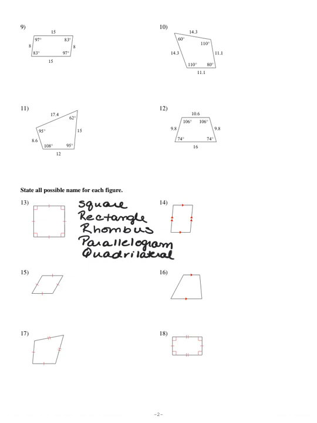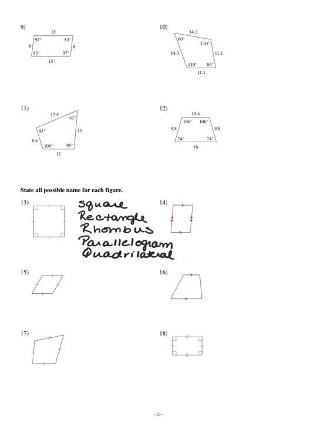Think about that org chart that I posted in Monday's lesson for you. The farther down the flow chart we go, the more specific of a name we're giving these quadrilaterals. So that's what the first set of directions is asking you to figure out. Based on the markings, how far down that org chart could you go with this figure?